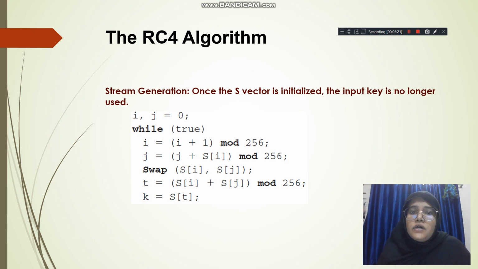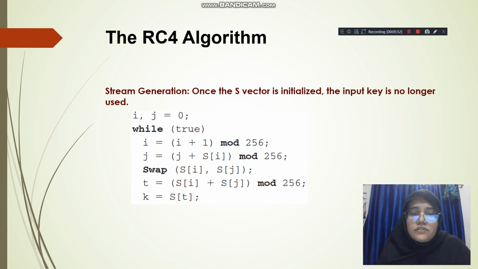Stream generation: once the S vector is initialized, the input key is no longer used. Where i and j both are equal to 0, while true, i equals (i plus 1) mod 256, and j equals (j plus S[i]) mod 256, that will be swapped, S[i] and S[j].